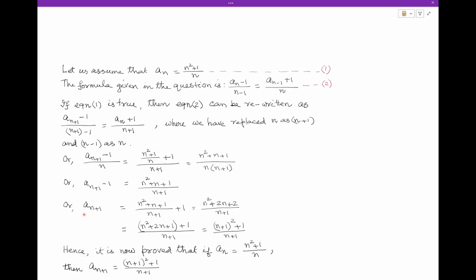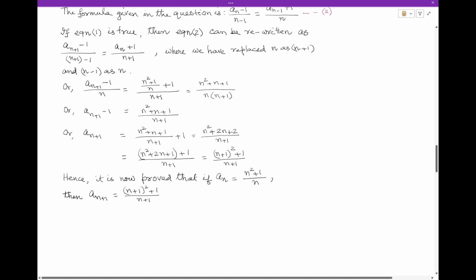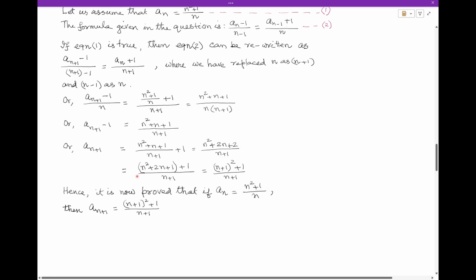Therefore, a n plus 1 is equal to n square plus n plus 1 divided by n plus 1 plus 1, and that is equal to n square plus 2n plus 2 divided by n plus 1. We can rewrite this as n square plus 2n plus 1 plus 1 divided by n plus 1, and that is equal to n plus 1 whole square plus 1 divided by n plus 1.